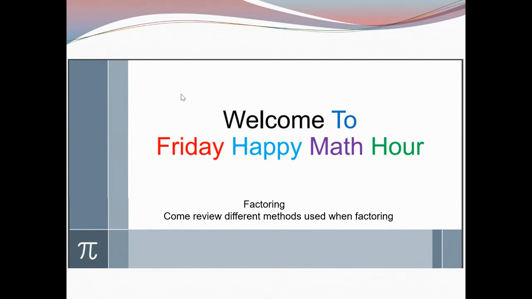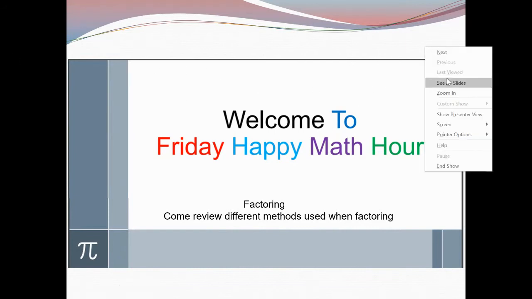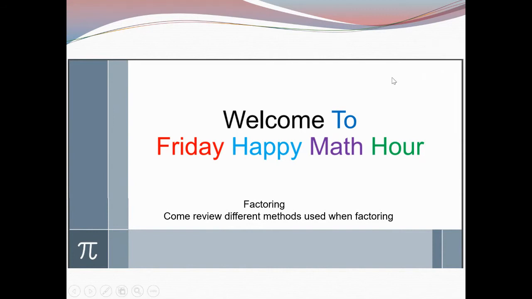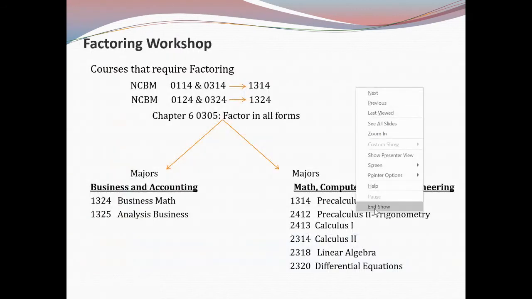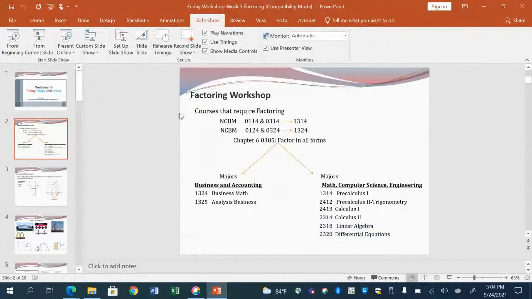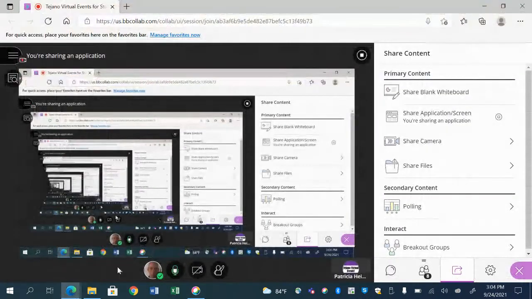And this is a week. You know what? I think I have the wrong one. Hold on. Let me do something real quick. Let's see. That was the one from last week. Let me share my screen again, and let me go get the one that I need. Okay. Let me see. No problem.